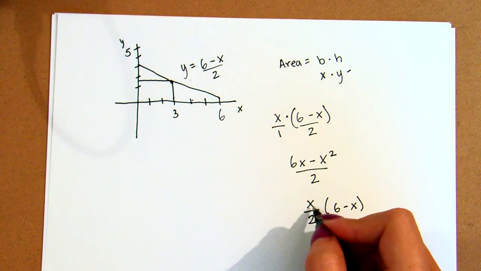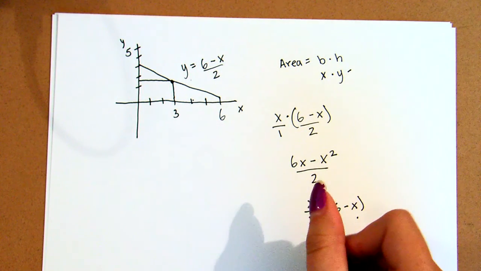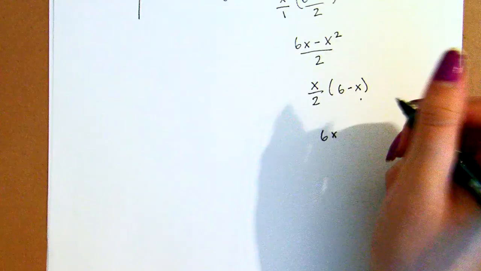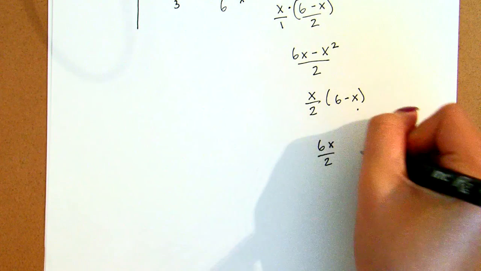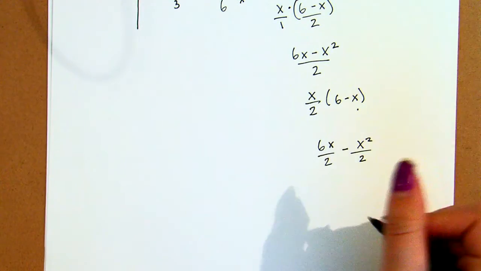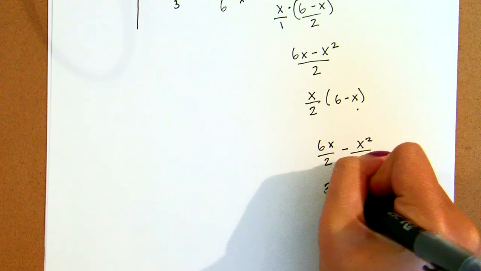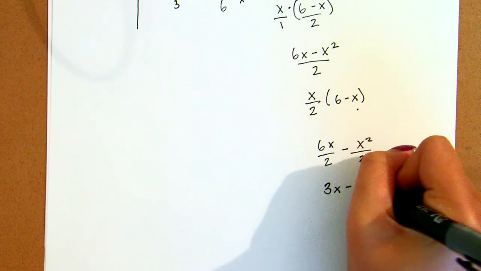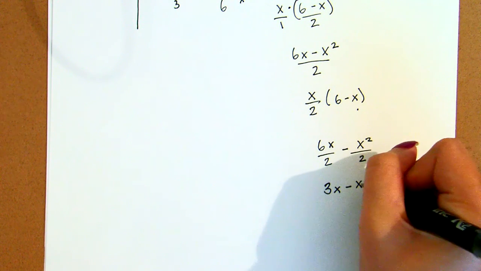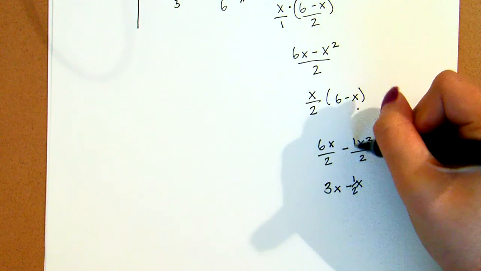Then you would distribute the x over 2 to this equation, so it's 6x over 2 minus x squared over 2, and you would simplify, so it would turn to 3x minus 1/2 x squared, because you could imagine a 1 there.